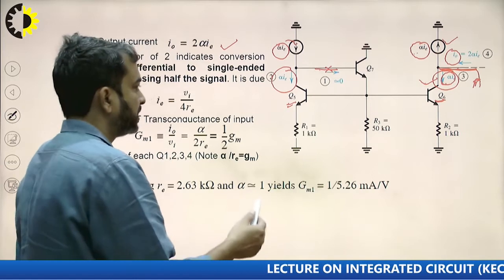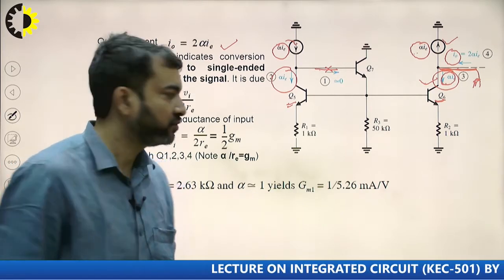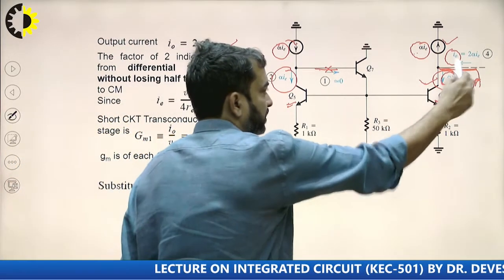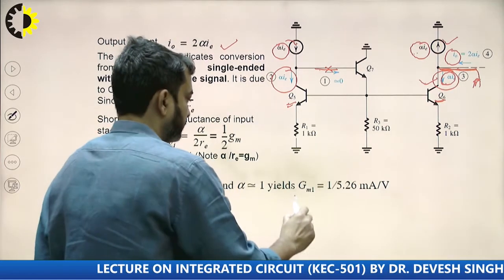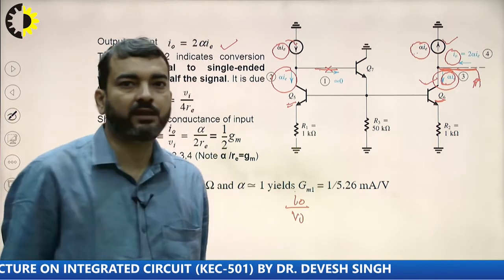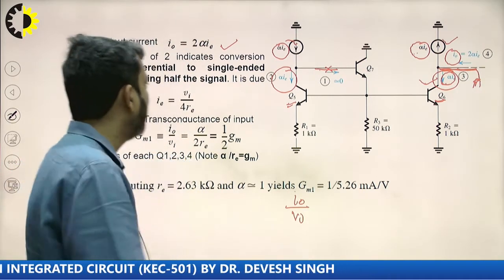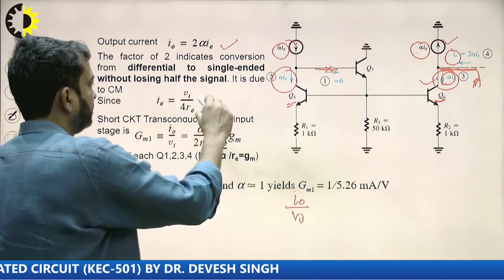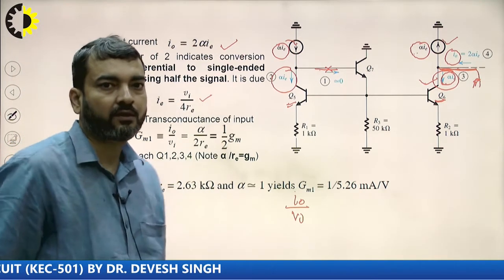And now what is the short circuit transconductance? We will say I naught divided by the input differential voltage. We have already seen IE is equal to VI by 4 Re.